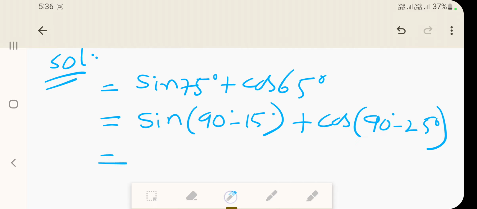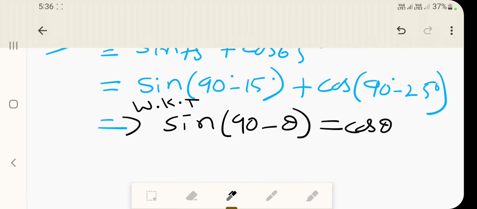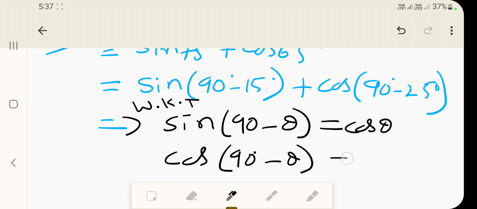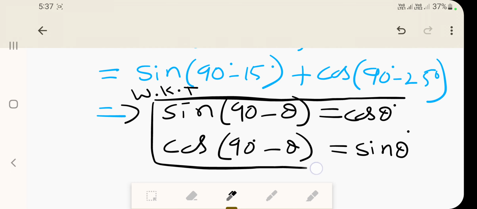And we know that sin (90 minus theta) is cos theta, and cos (90 minus theta) is equal to sin theta. These two are the formulas which you have to remember.